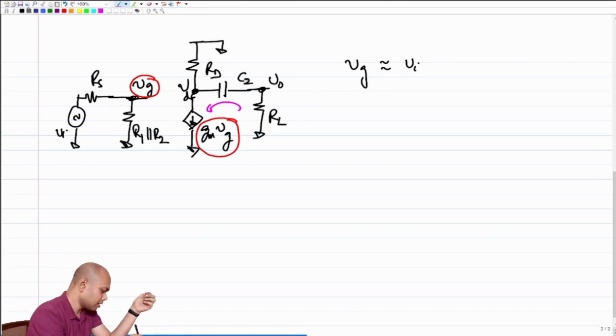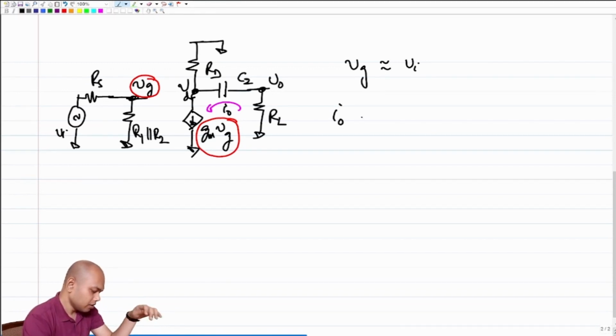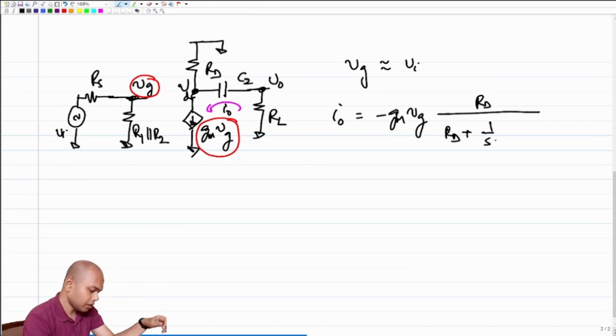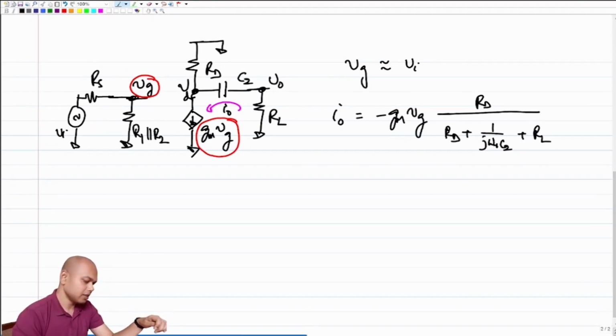Clearly this is like an impedance divider. The part that will go to the right, let's say this is I naught, will be minus GMVG times RD over RD plus 1 over j omega naught C2 plus RL, correct?